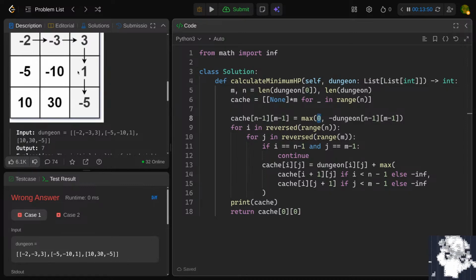Yeah, whatever's max between 0 and negative that. Now, how much health would I need to get to this point? So it would be the value of this plus whichever is max between these two.